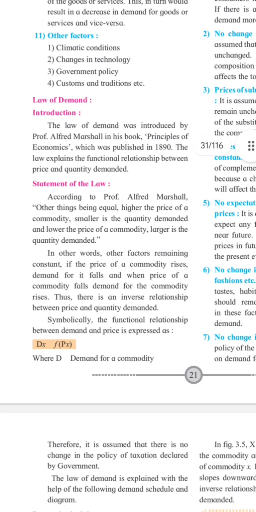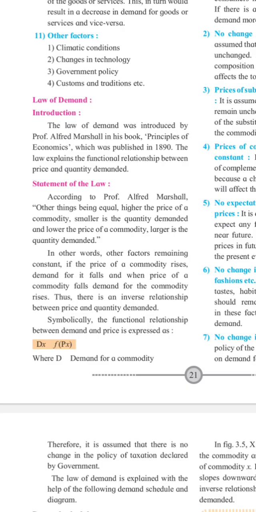So next we have the law of demand, the important thing. Many times one question is asked on the law of demand or the law of supply, so prepare well for this, and we have a question in the exercise also on this. The law of demand was introduced by Professor Alfred Marshall. The statement of the law is: other things remaining constant, the higher the price of a commodity, the smaller is the quantity demanded, and the lower the price, the larger is the quantity demanded.